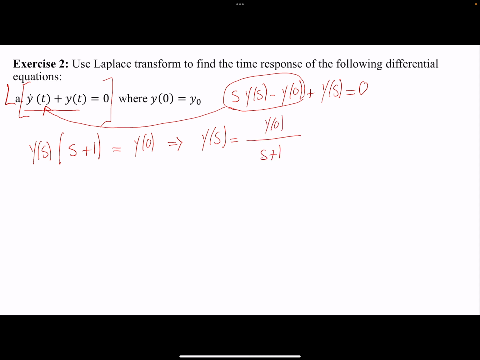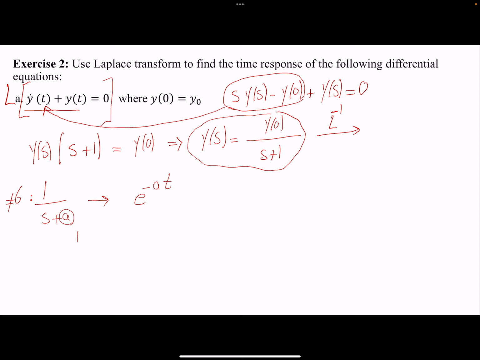Now I need to take a Laplace inverse to change it to a time domain. If you look at it, that's rule number 6. Rule number 6 says that if we have a fraction of 1 over s plus a, the time domain response of that would be e to the minus at. So here a for us is 1.